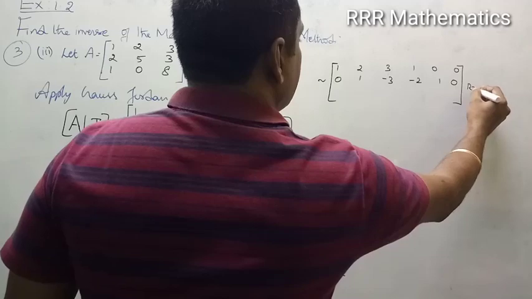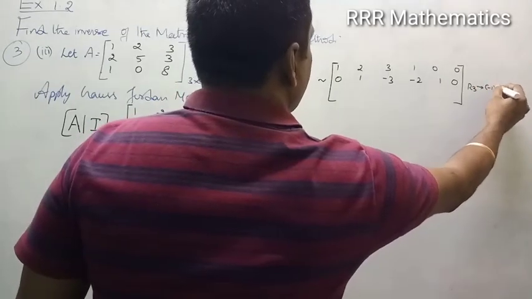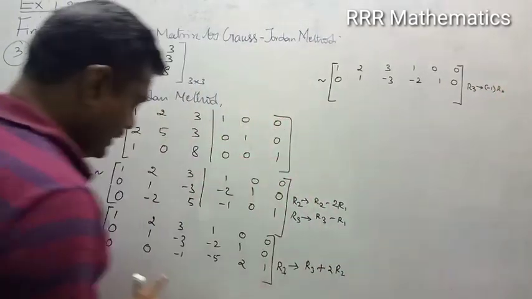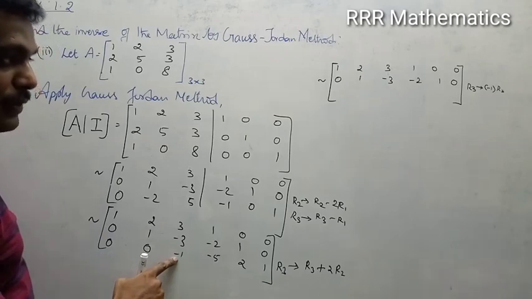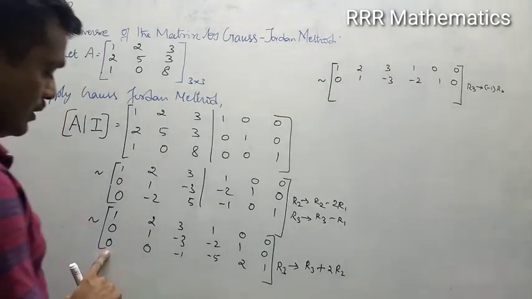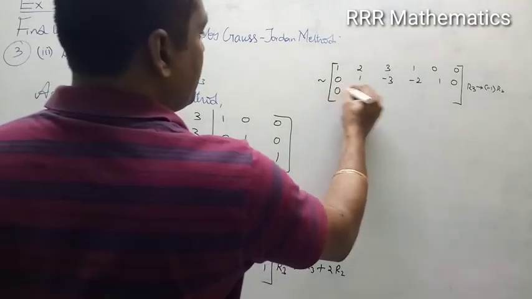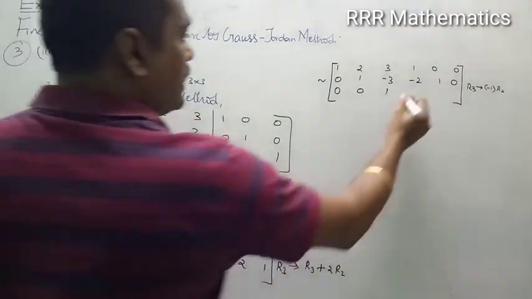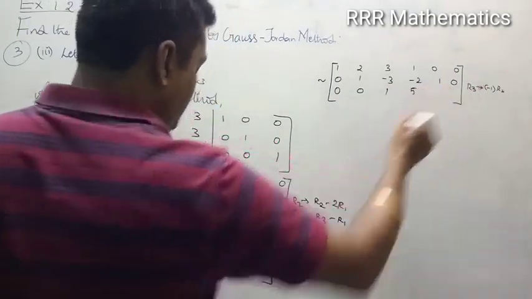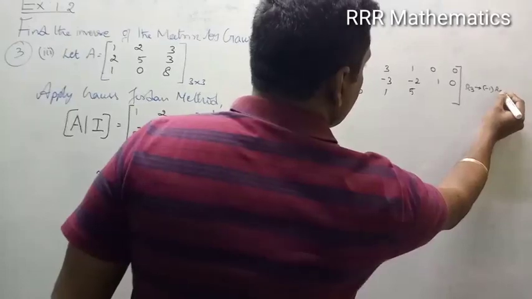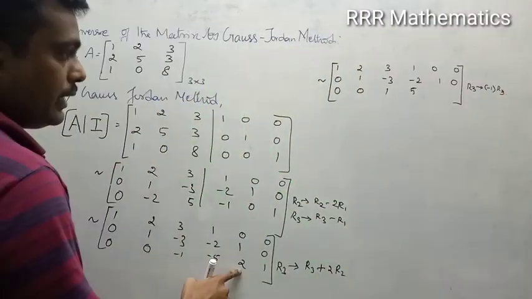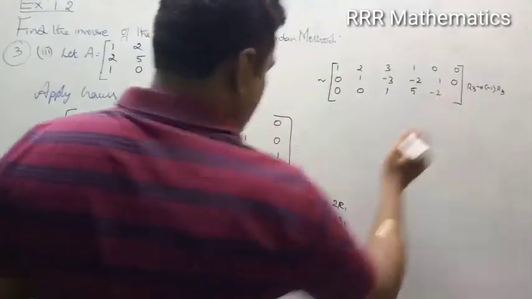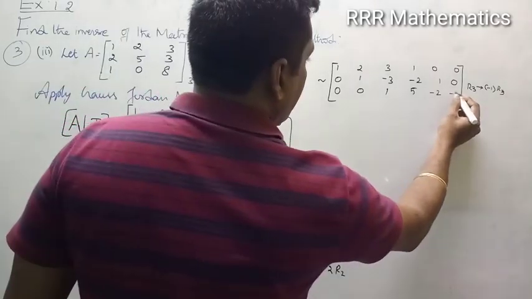Multiply the third row by minus 1, so it will be plus 1. I need 1 here, so 0, 0, plus 1, plus 5, minus 2, minus 1.